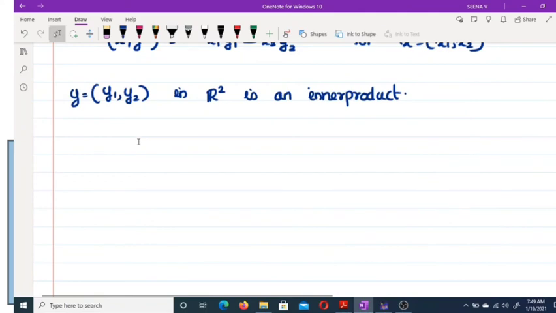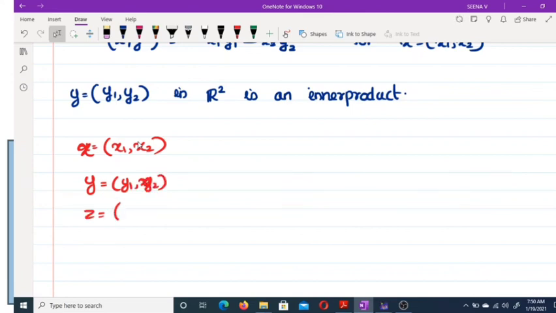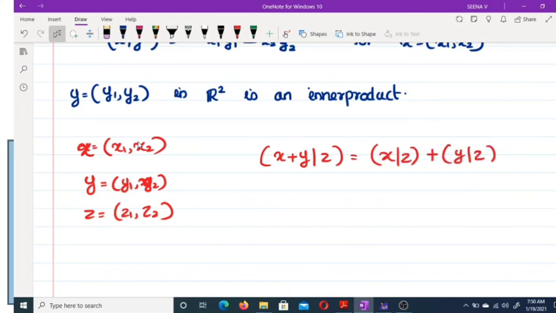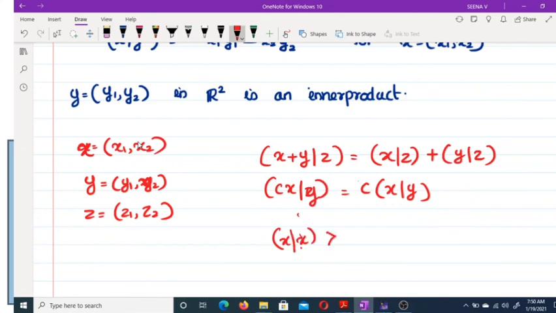First, take x equal to (x1, x2), y equal to (y1, y2), z equal to (z1, z2), and verify that the inner product of x plus y and z is equal to the inner product of x and z plus the inner product of y and z. Similarly, verify that the inner product of cx and y is equal to c times the inner product of x and y. Finally, you have to check whether the inner product of x and x is greater than 0.